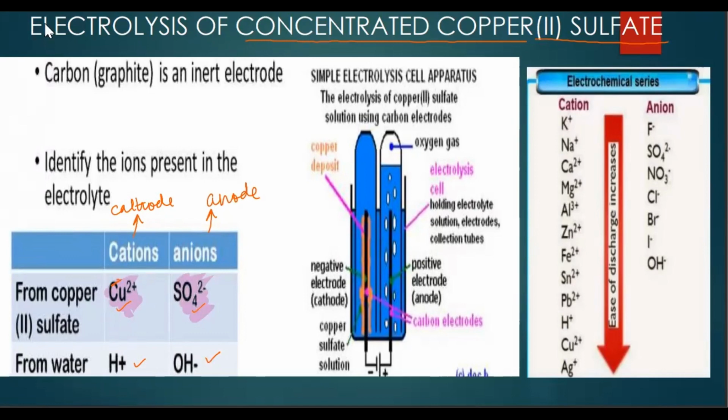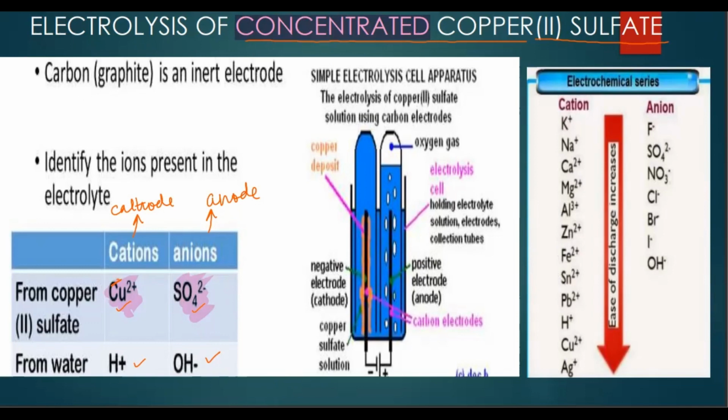Keeping in mind that we have a concentrated electrolyte, concentrated electrolyte doesn't mean that the concentrated ions will be discharged. As I told you in the previous slide, we know that the concentrated ions are there, but then we have to look at the gap of the ions between them.